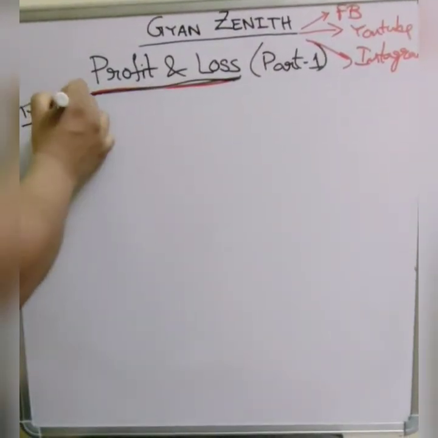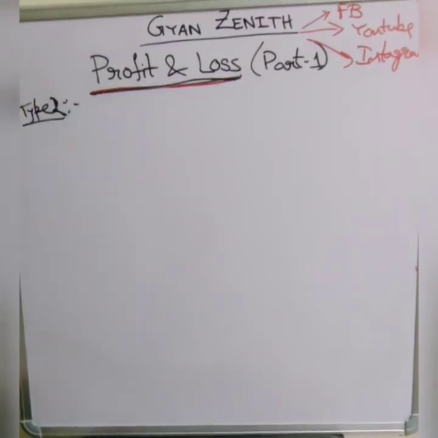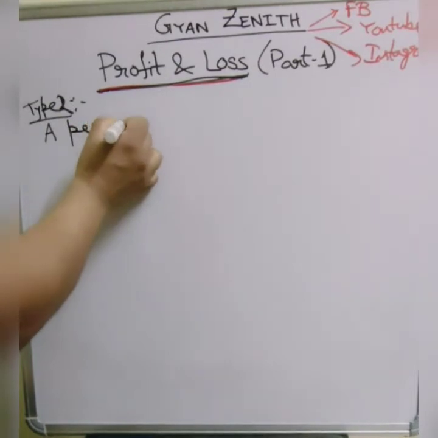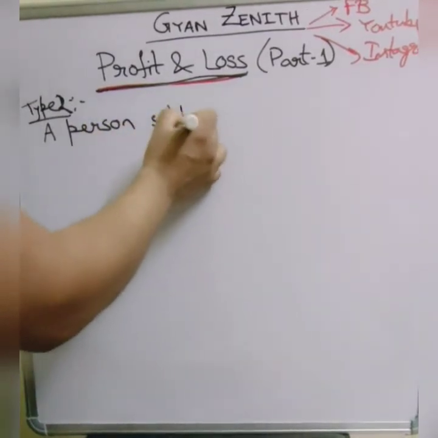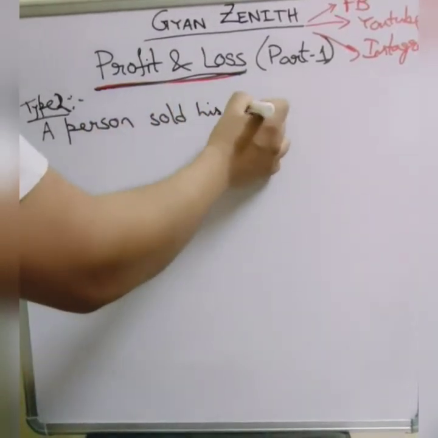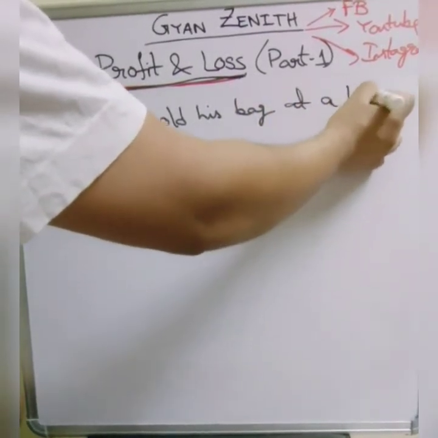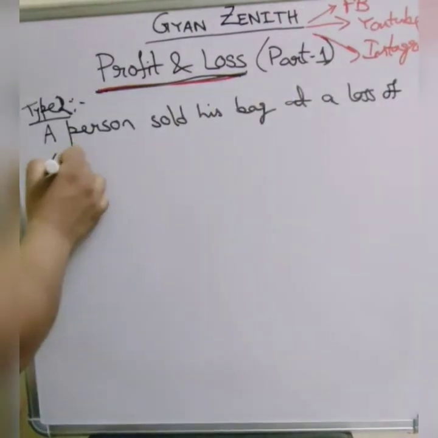Now type 2: A person sold his bag at a loss of 6%.